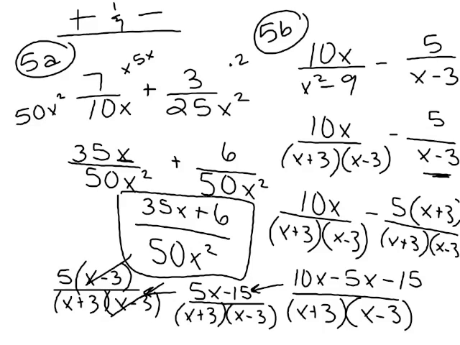So what am I left with? 5 over x plus 3. Sorry, that one went kind of crazy on the board, but you want to keep going until you can get it as simple as possible. So adding and subtracting, let's keep going and do the subtraction.